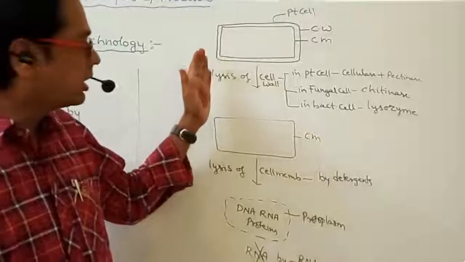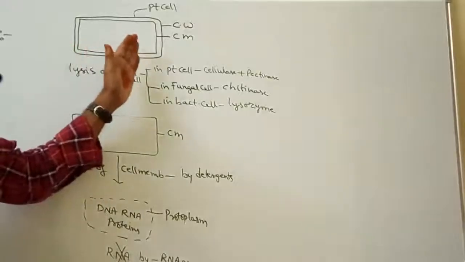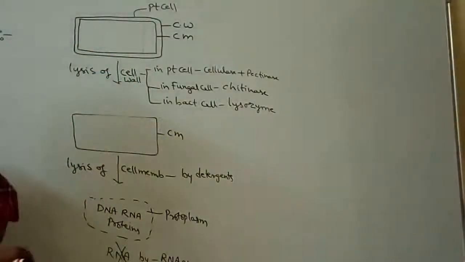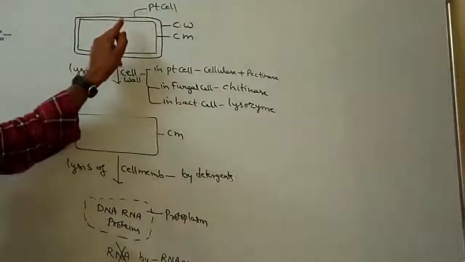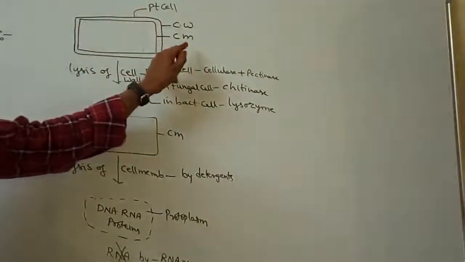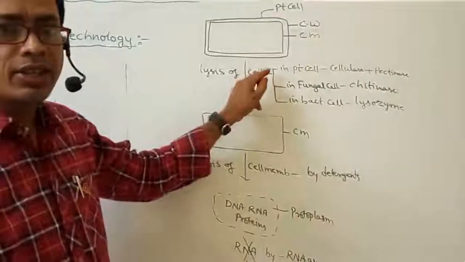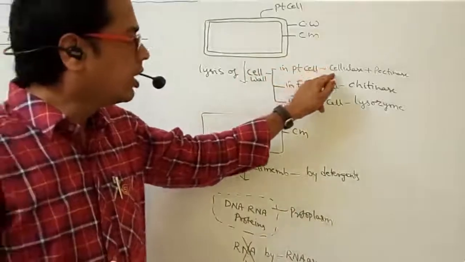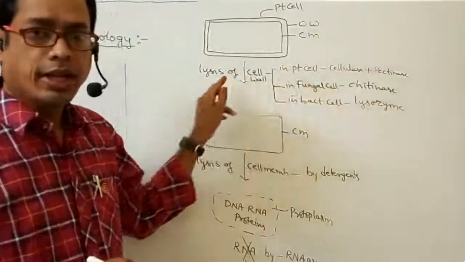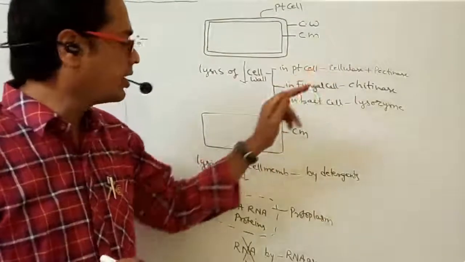First of all, digestion of cell wall can be done by enzymatic action. If a plant cell is taken, the enzymes required for lysis of cell wall are cellulase and pectinase. Lysis of cell wall in fungal cell means chitinase.